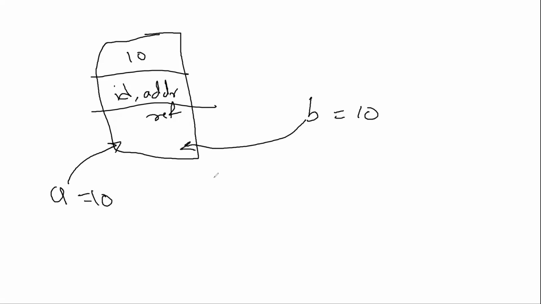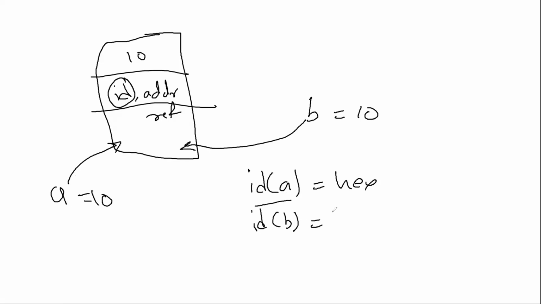So if I say ID of A, it is some hexadecimal number, right? ID of A means where it is referring to, this ID. If I say ID of B, that will also be the same hexadecimal number, because both are referring to the same place.